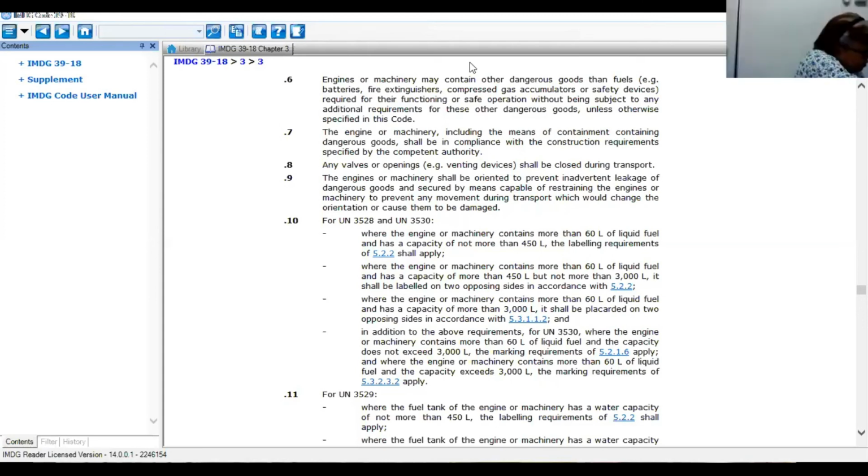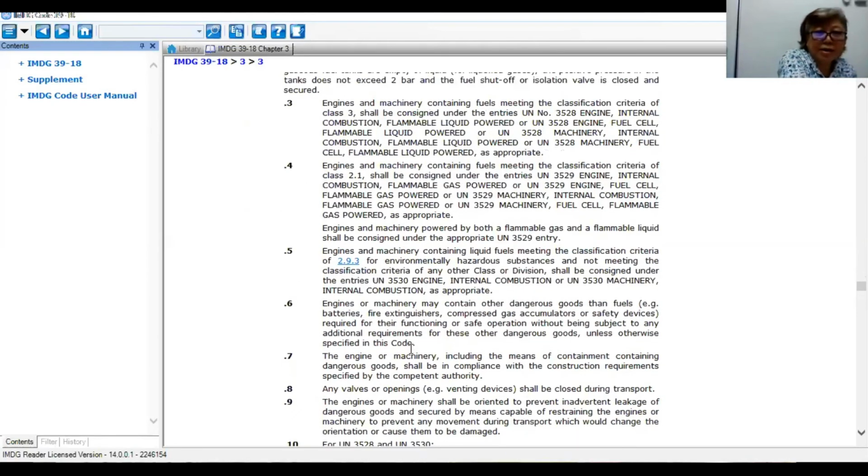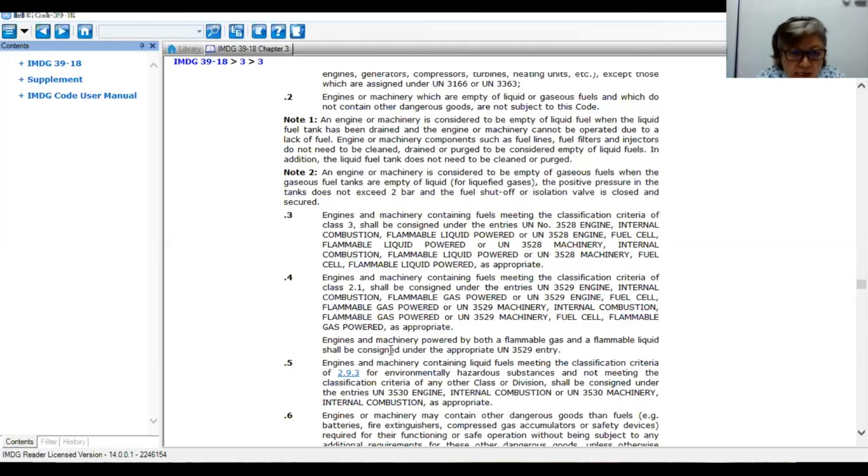Okay, now if we go back to 363, number 1, 2, and the note number 1. It says that an engine or machinery is considered to be empty of liquid fuel when the liquid fuel tank has been drained and the engine or machinery cannot be operated due to a lack of fuel.